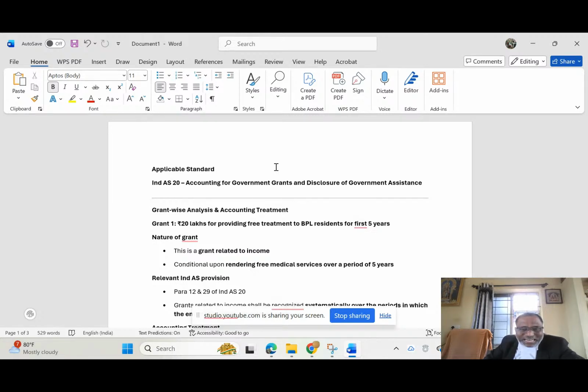Nature of grant is a grant related to income. It is conditional upon rendering free medical services over a period of 5 years. Relevant Ind AS provision.